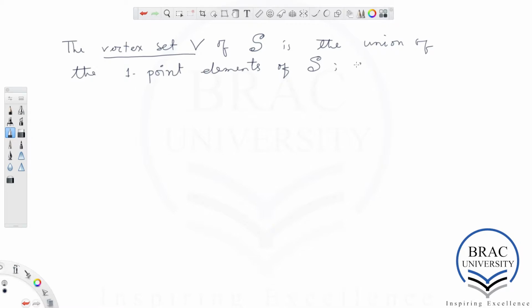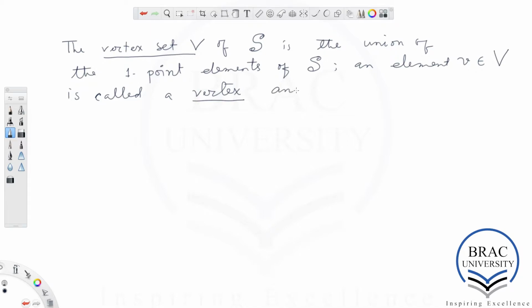An element small v in big V, the vertex set, is called a vertex.